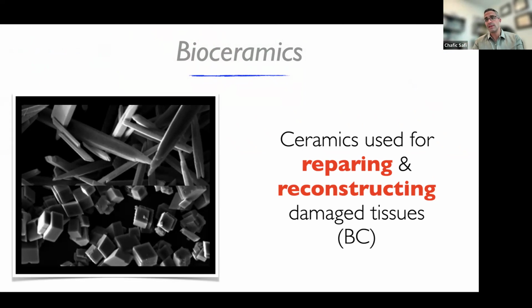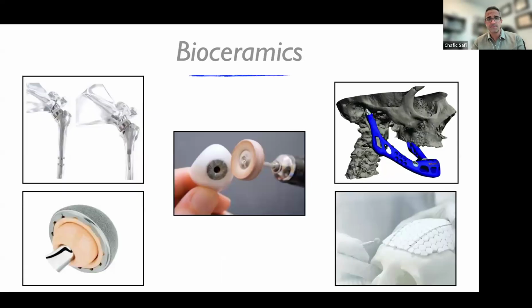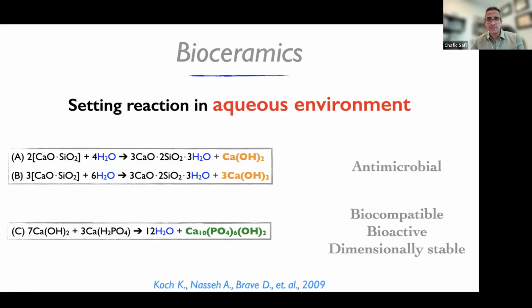We can reach this goal thanks to bioceramics, which are highly purified ceramics that can be used to repair and reconstruct damaged tissue. In our case, when doing root canal treatment or endodontic therapy, the damaged tissue is the periapical tissues. Bioceramics have been used in various medical fields, and now we're employing them more and more in dentistry.